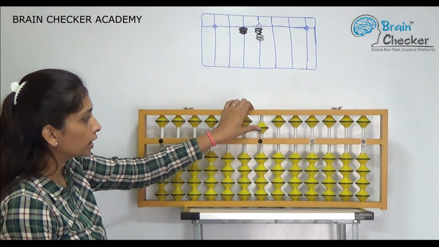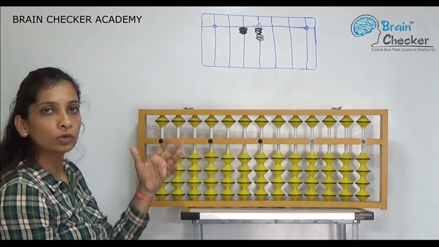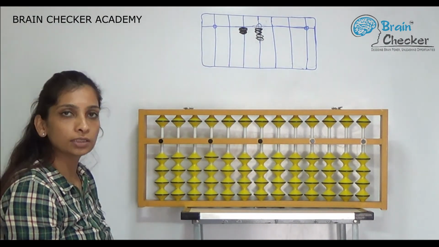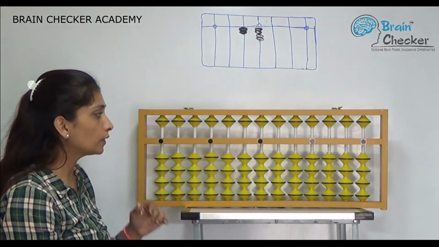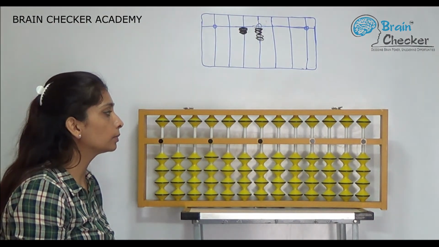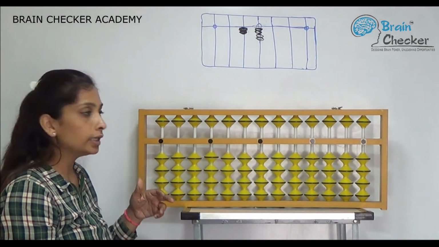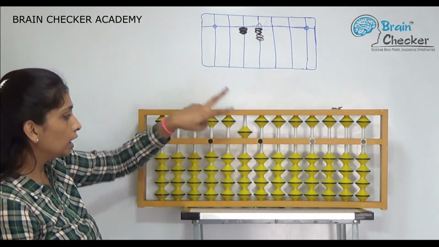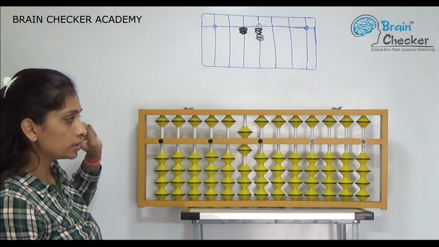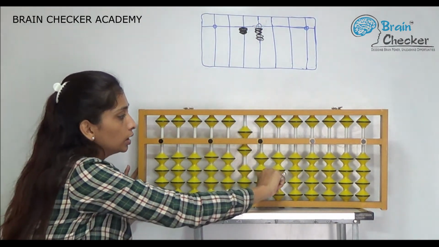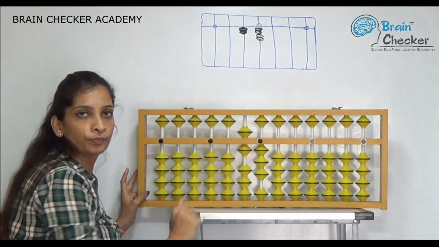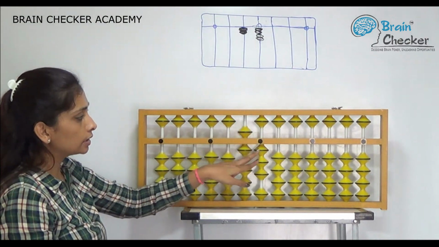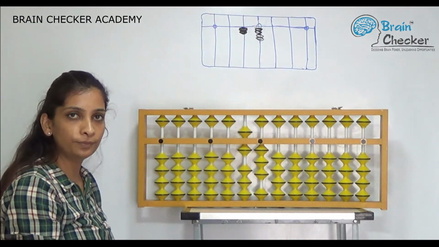I hope you are getting the concept. We'll see larger numbers now. If I say I want to see the number 63, how will I show it? 50 from the upper side, 10 from the lower side and 3 from the unit rod. 63.